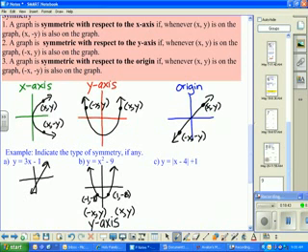If we look at our 3x minus 1, it'll look like this. So if I pick when x was 1, I got -2, which means to be symmetric with the x-axis, I should also have 1, 2, which I don't have. And then with the origin, I should have the ordered pair -1, 2.